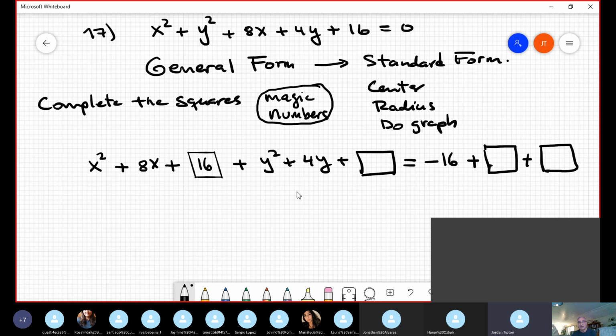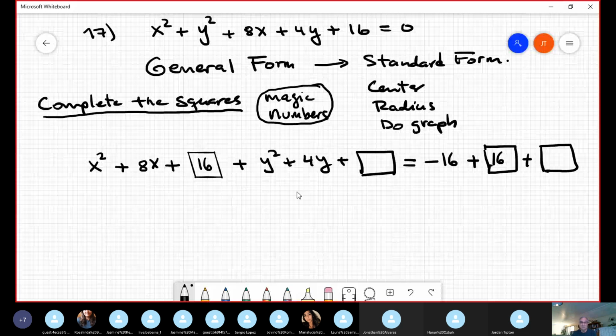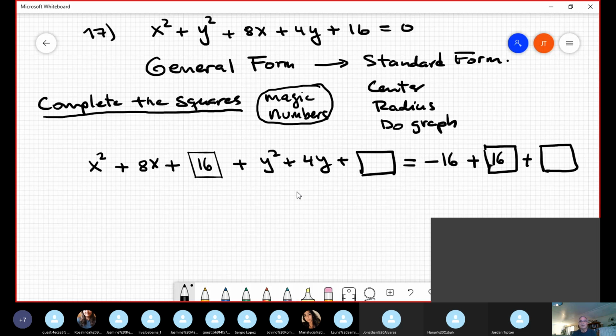And b, in this case, is 8. 8 over 2 is 4, and 4 squared is 16. Super good. And this 16, I write here, because I introduced it artificially to complete the square. Okay. Now, what is the second? I need help with the second magic number. 4. Because 4 divided by 2 is 2, and 2 squared is 4. It's a coincidence. It's 4.